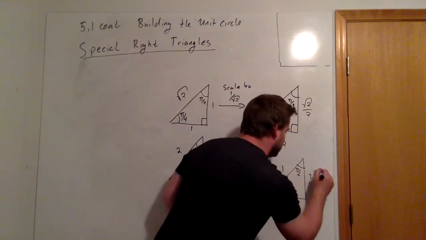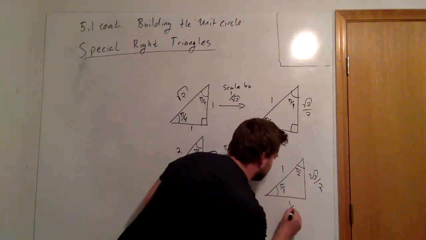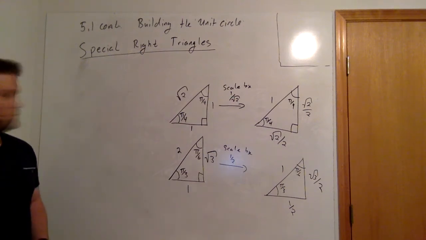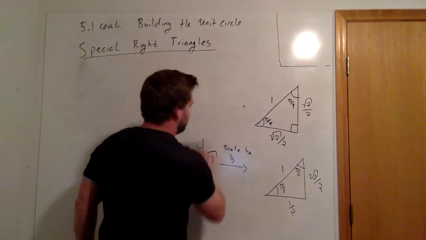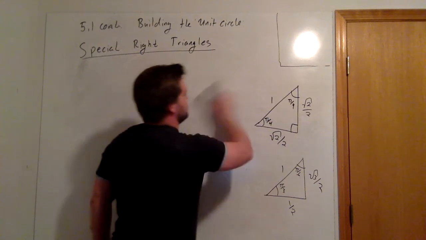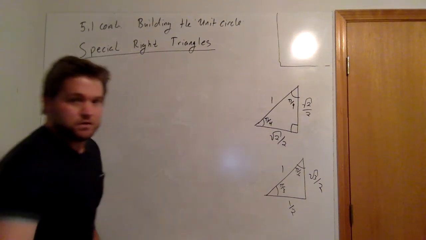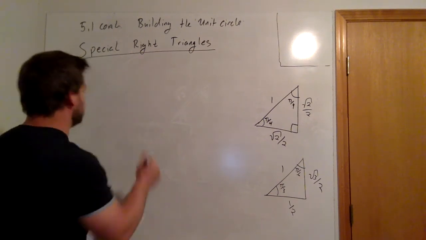Here I'll get root 3 over 2, and over here I'll get 1/2. Okay. So we'll hold those off on the side for reference. Okay, so let's go ahead and build the unit circle.